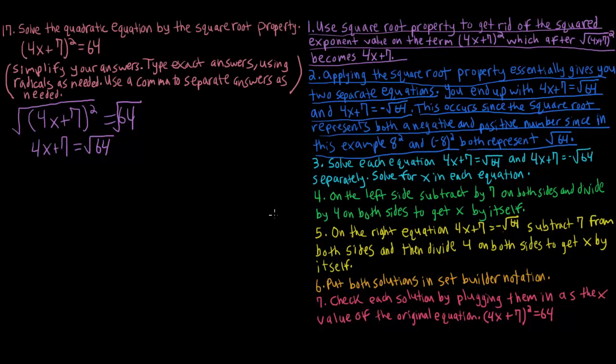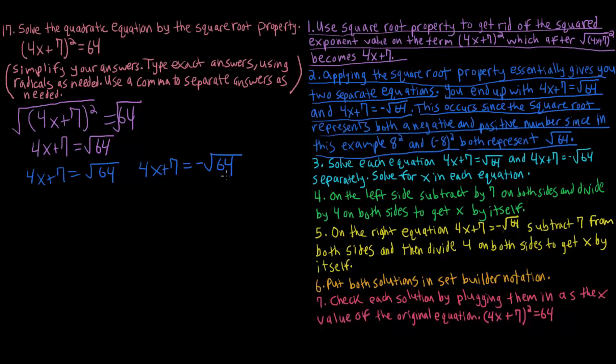So since 8 squared is 64, negative 8 squared is 64, we need two equations. So we need 4x plus 7 equals the square root of 64, and then 4x plus 7 equals negative square root of 64.